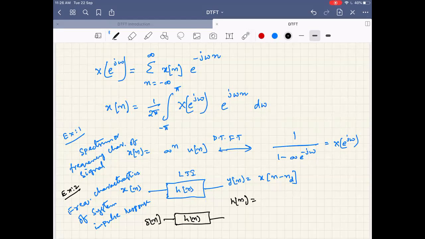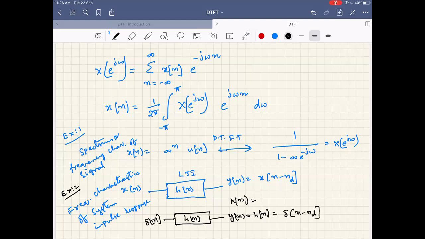So instead of x of n, if I give the input delta of n, what will be the output here? That is y of n, which is equal to h of n, because I have given the input as the impulse, so it is equal to delta of n minus n d.